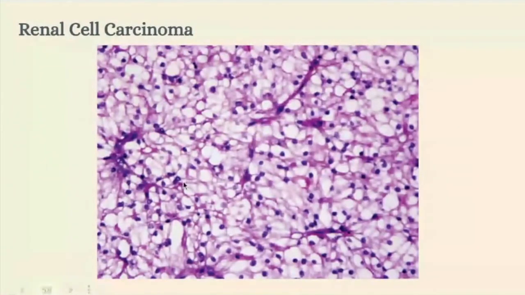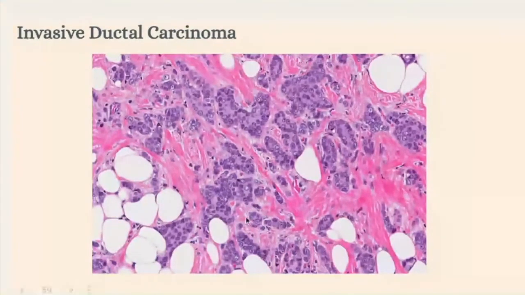And in renal cell carcinoma, you can also see here one cell has a very big nucleus and multiple nuclei also. In invasive ductal carcinoma, you can see it is highly proliferated here. The nucleus is so high in ratio to the cytoplasm, and you can also find the keratinized form.